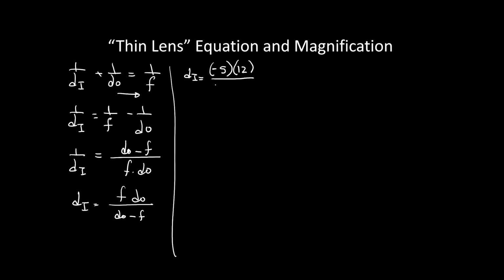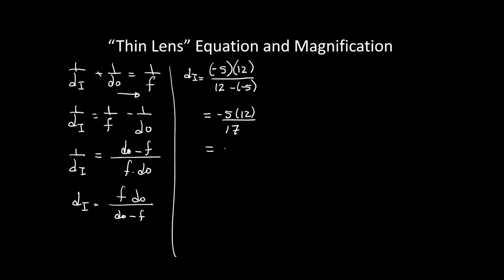So d_i is -5 times 12 over 12 minus -5, which is 17.